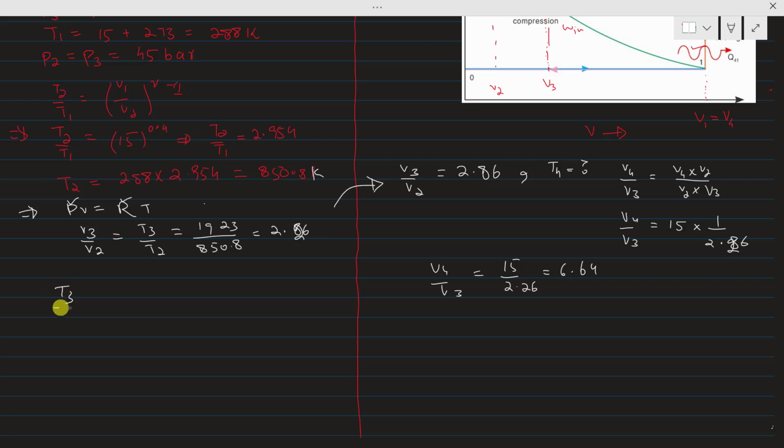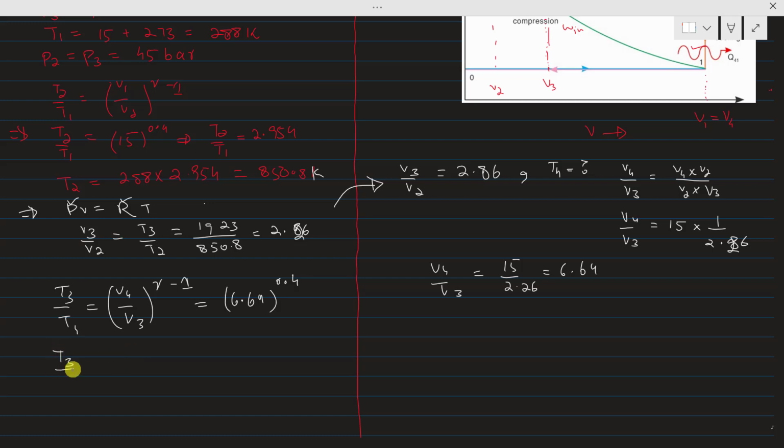So T3 divided by T4 is equal to V4 divided by V3 to the power gamma minus 1. What is V4 by V3? That is 6.64, to the power gamma minus 1, that is 0.4.